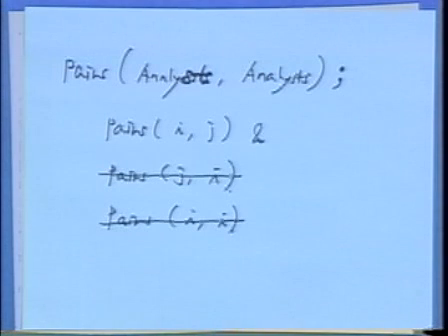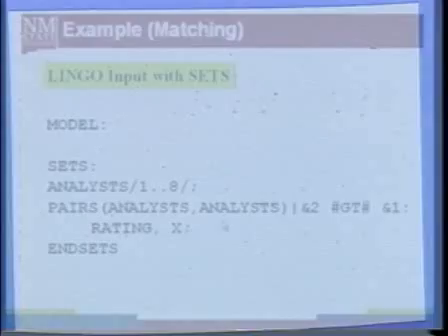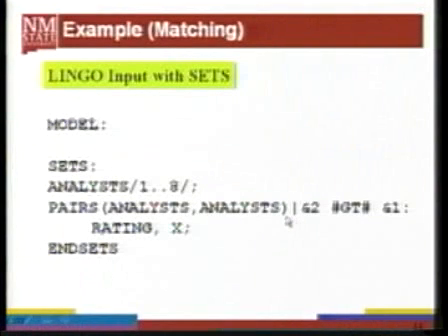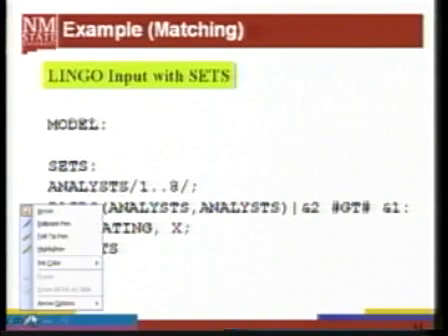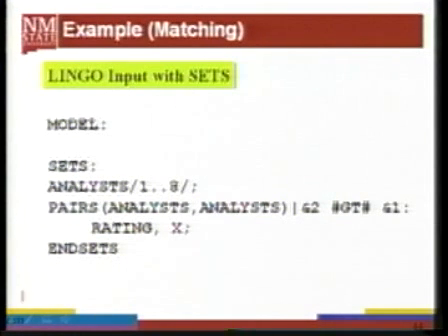The solution is to put a membership filter on our derived set, requiring each pair ij in the final set to obey the condition j should be greater than i, okay? So that's why we have this part. Okay?